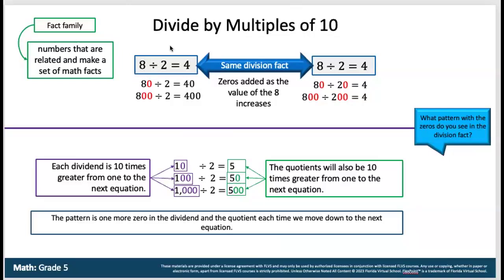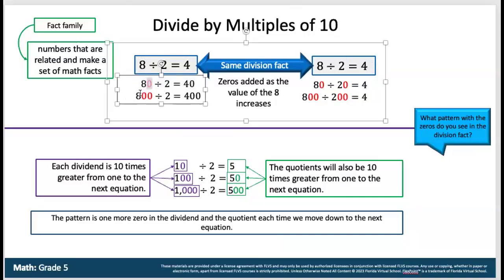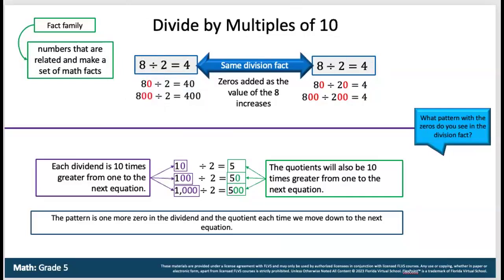So if I know 8 divided by 2 is 4, I know that 80 divided by 2 is 40, and 800 divided by 2 is 400. You'll notice that that power of 10 place value holder is right there.